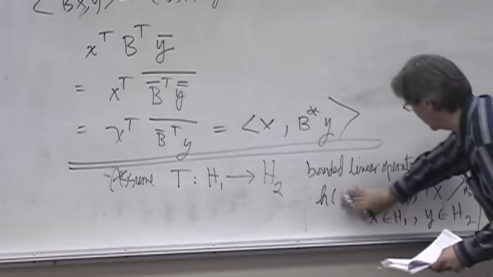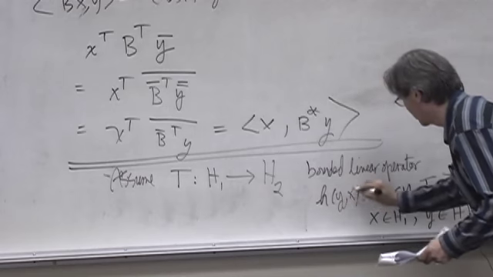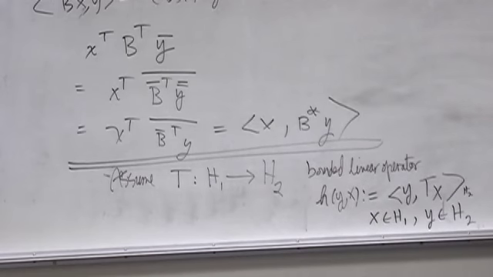I'm sorry, this is h of y and x. This is why I was pointing out you've got to be really careful with the two sides, h, y and x. The representation theorem is 384, I believe.